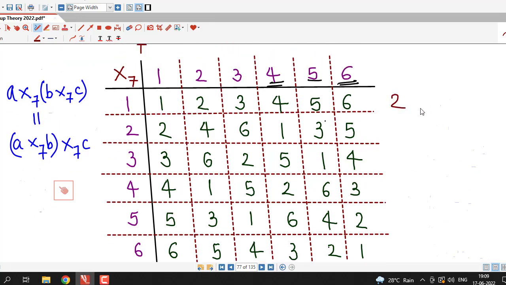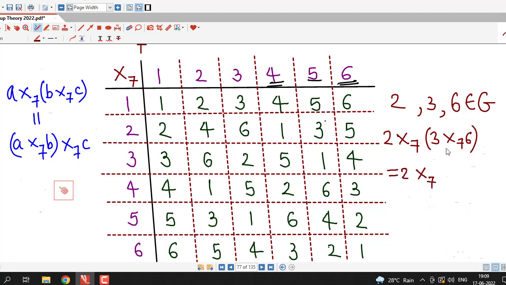Suppose I want to check for 2, 3 and 6. Suppose I consider a equal to 2, b equal to 3 and c equal to 6 in the given set. Then I first find out this quantity, which we can easily find from the table. I consider 3 and 6 in the bracket, I keep 2 outside. So first I find out what is 3 into 6 under this operation, multiplication modulo 7.